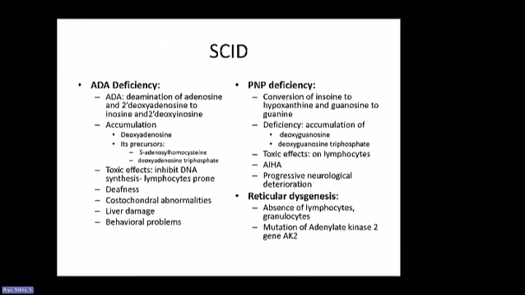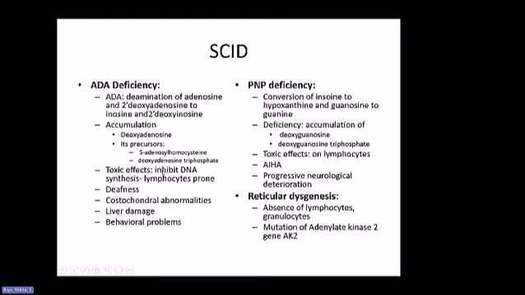So going through some of these causes again, ADA is an enzyme that helps with deamination of adenosine and 2-deoxyadenosine to inosine and deoxyinosine. So if ADA is absent, then it causes accumulation of deoxyadenosine and its precursors. So the pathway goes in an opposite direction, and so the precursors and deoxyadenosine can accumulate.